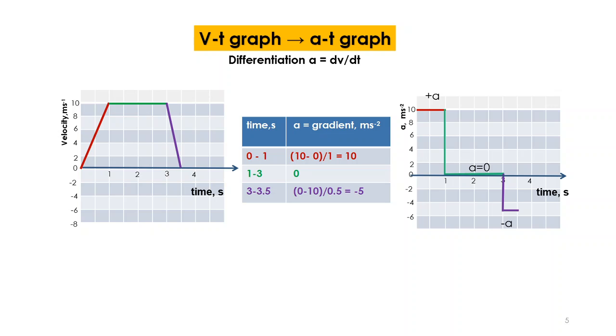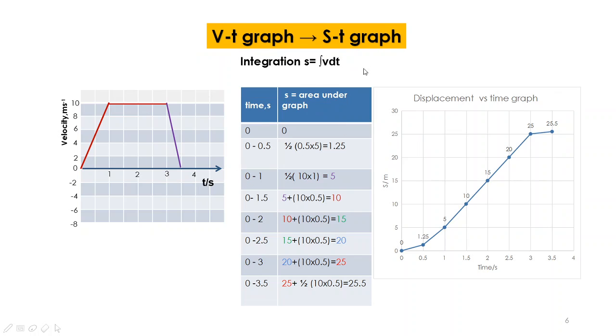For the VT graph to ST graph, we are using integration methods. It means that we have to look at the VT graph and calculate the total area under the graph from period to period. Use the same velocity versus time graph. Now we use the table to slowly calculate the area under the graph.